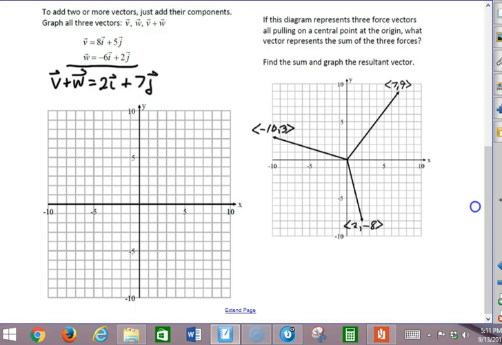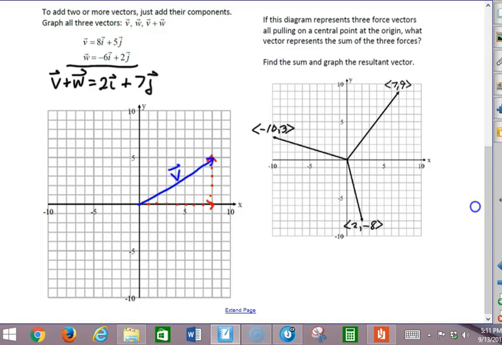So I'm going to show that if vector v is 8i plus 5j, I'm going to go over 1, 2, 3, 4, 5, 6, 7, 8 in the x direction, and then up 1, 2, 3, 4, 5 in the y direction. I'm just going to use dotted lines. Here would be my vector v. This is vector v.